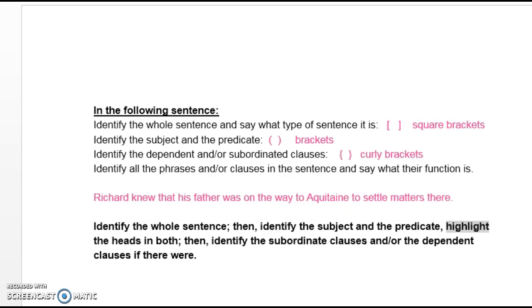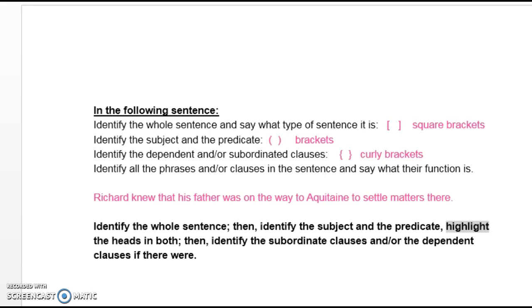When you have a sentence, you have to start off as I put here and in the following sentences. In the following sentence, you have to identify the whole sentence and say what type of sentence it is. For this, you are going to use square brackets. Then, in each of the parts, you are going to identify the subject and the predicate, and here you are going to use the ordinary brackets that you all know.